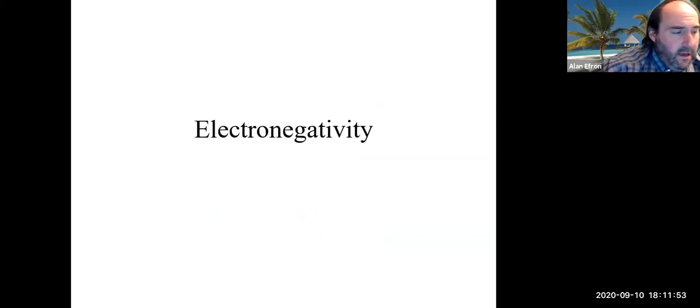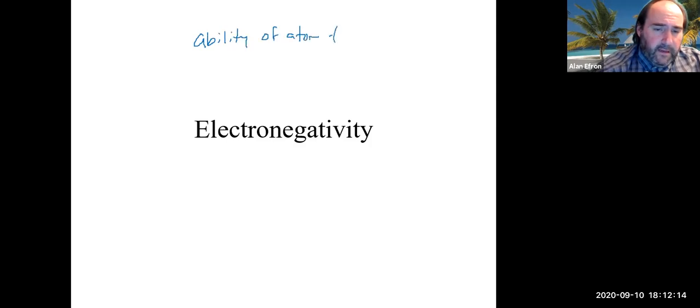Okay. So now we're going to talk about electronegativity a little bit more than what we talked about in terms of the general trend. We obviously talked about it in the last chapter, and electronegativity again is that ability of an atom to bring electrons towards itself.